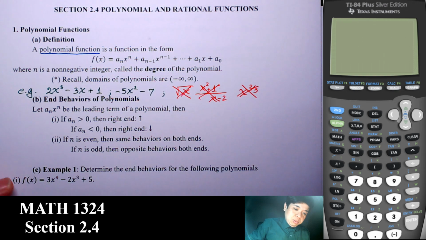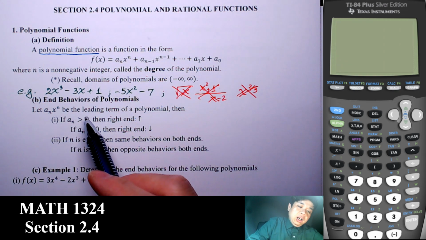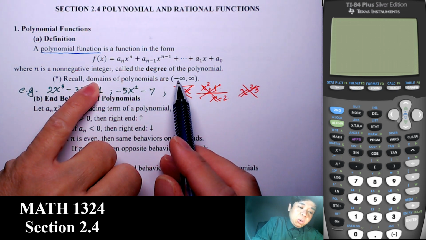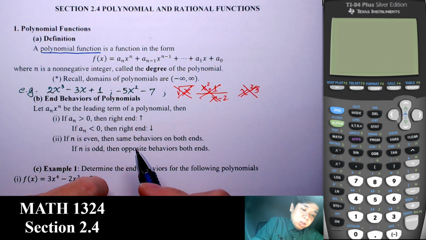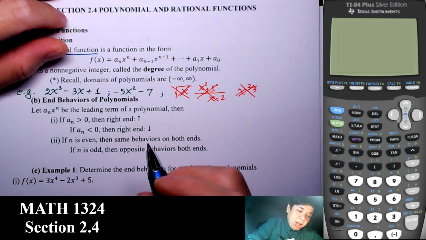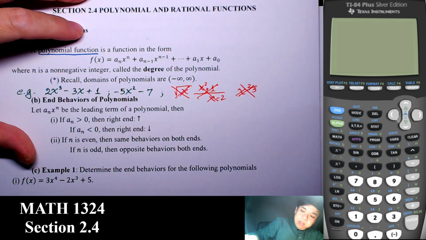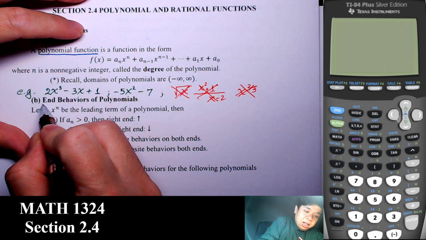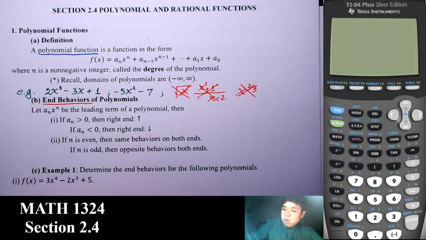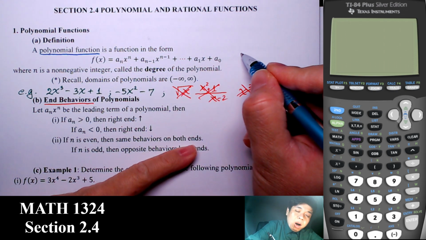The first property of a polynomial function: because the domain is all real numbers, the graph will be smooth and continuous. Now first, the behavior of the polynomial. Let's focus on what happens at the ends. Look at the previous section where we have a parabola.